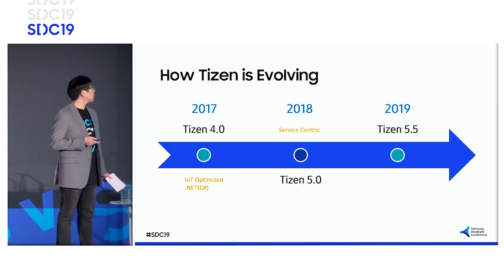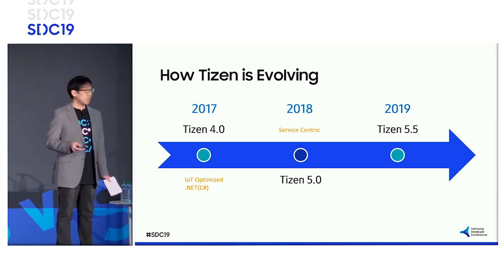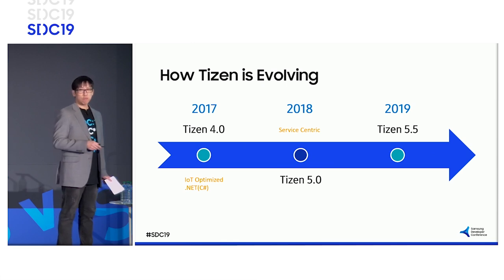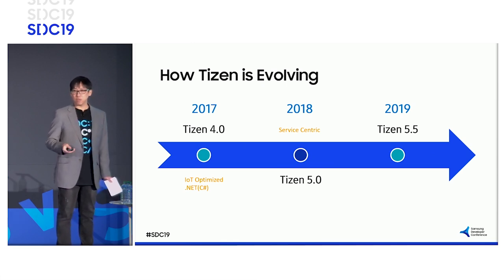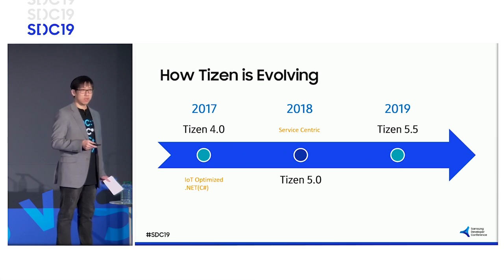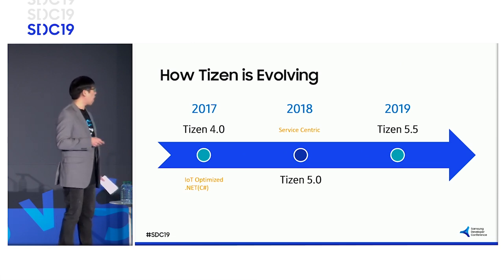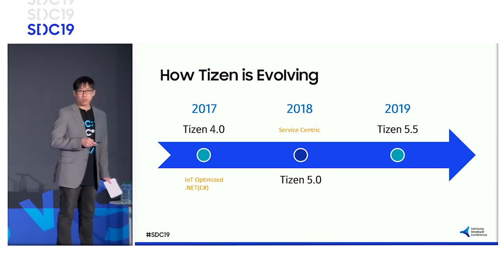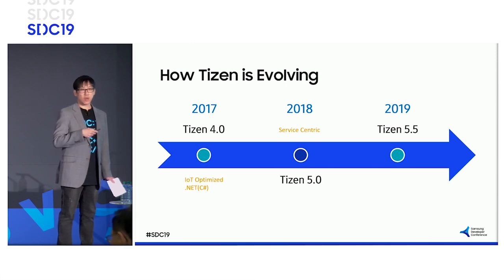So let's see how Tizen is evolving. In Tizen 4.0, we added Tizen .NET. We wanted to provide a more convenient developer environment, and we also optimized Tizen to fit IoT devices. So we optimized the core frameworks, and we created a way to create images more easily.